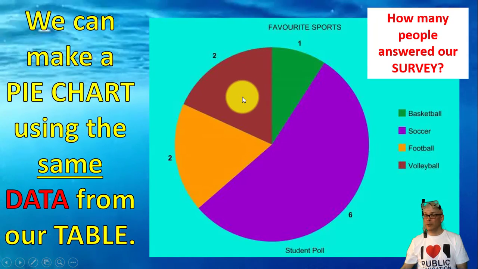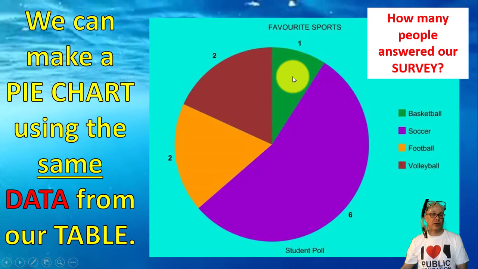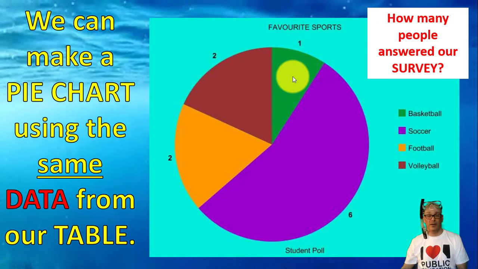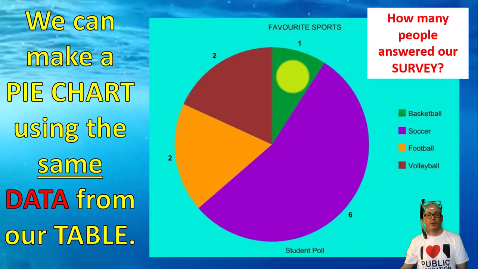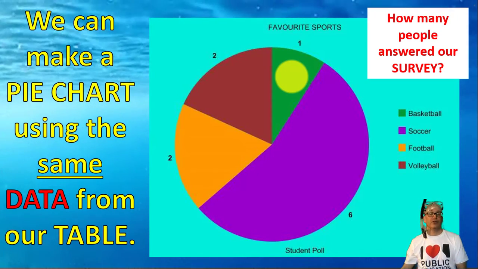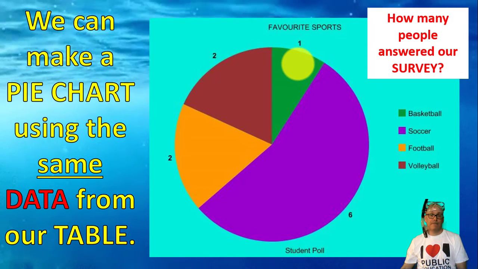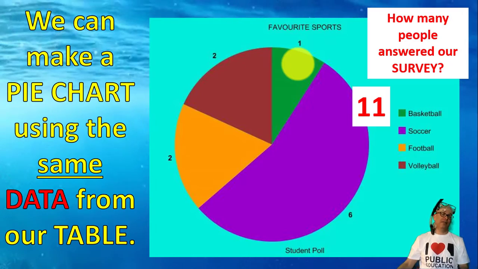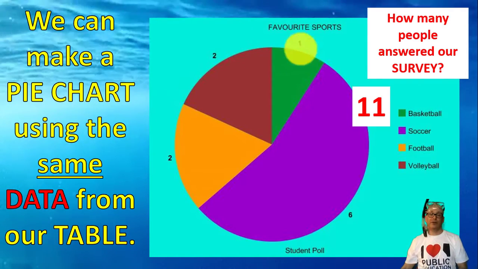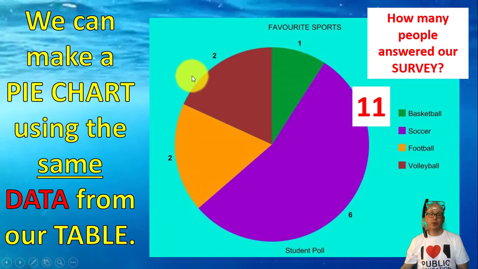There were 2 people who said that volleyball was their favorite. And there was also 1 person who said basketball was his favorite. So how many people answered the survey? Yeah, that's right, 11, because you add 1 plus 6 plus 2 plus 2.